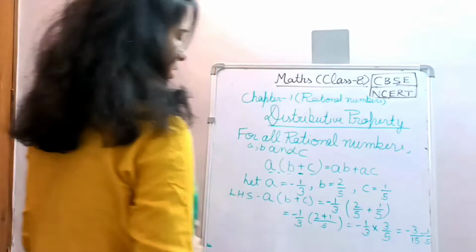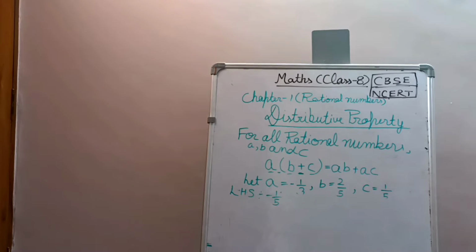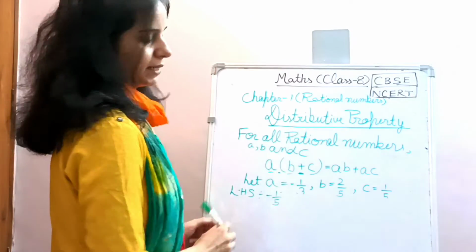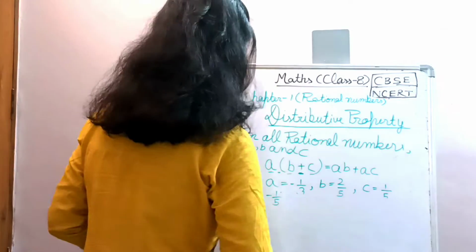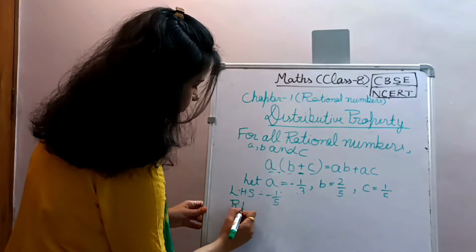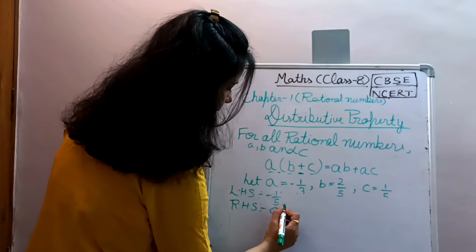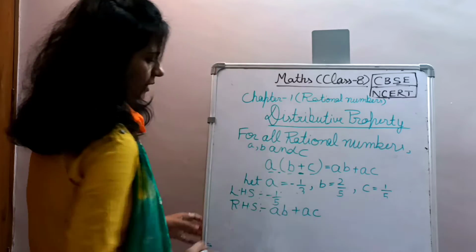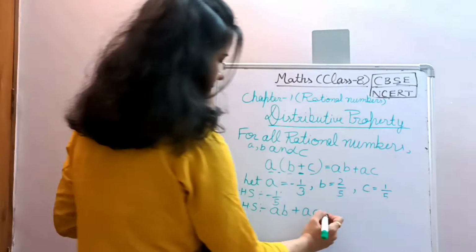Now we have left hand side is equal to minus 1 upon 5. Now let's check the right hand side, which is A multiplied by B plus A multiplied by C. Now just put the value of A, B and C here.